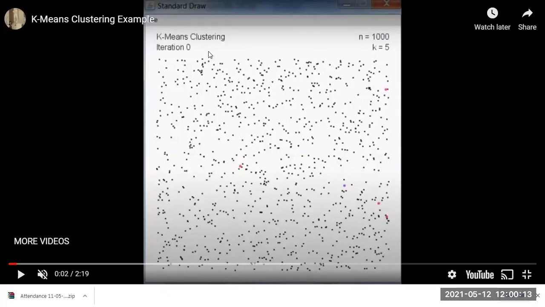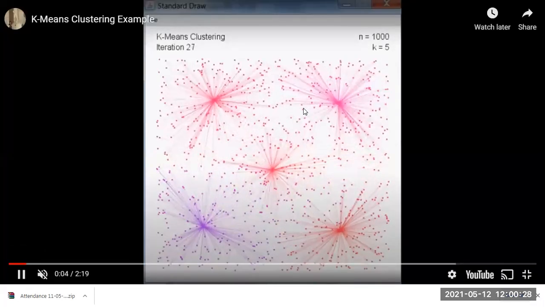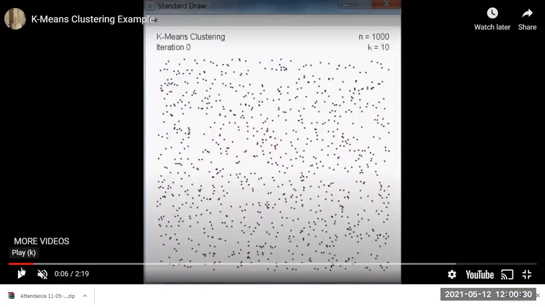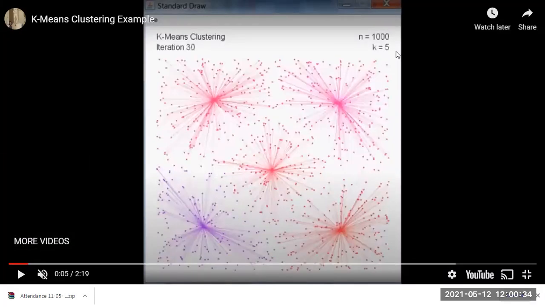I'm applying the k-means clustering concept, and here the iteration starts at 0. Once I start this process, let's see what happens. Previously, for k equal to 5, you can see 1, 2, 3, 4, 5, five clusters, right?